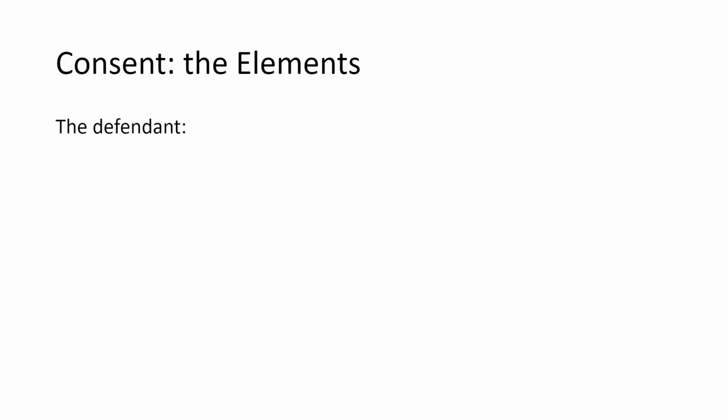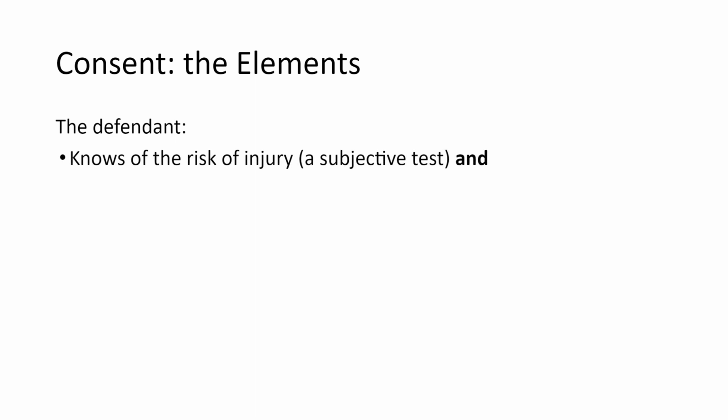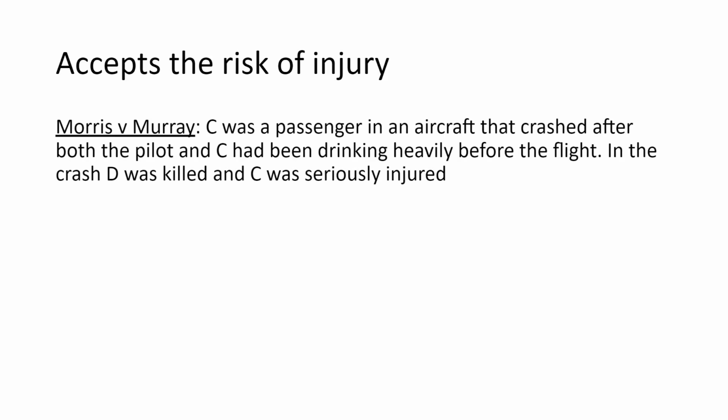The other defence is consent. And here you have to show that the defendant knows of the risk of injury, which is a subjective test, and that they voluntarily accept that risk. So accepting the risk of injury was shown in Morris and Murray, where the claimant was a passenger in an aircraft that crashed after both the pilot and the claimant had been drinking heavily.